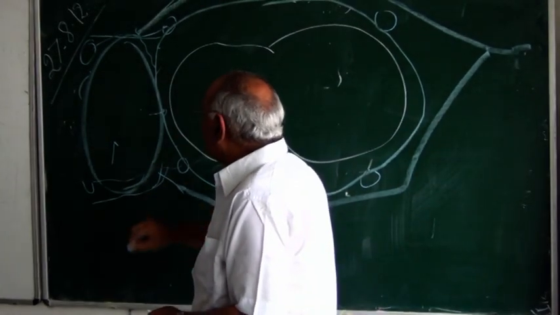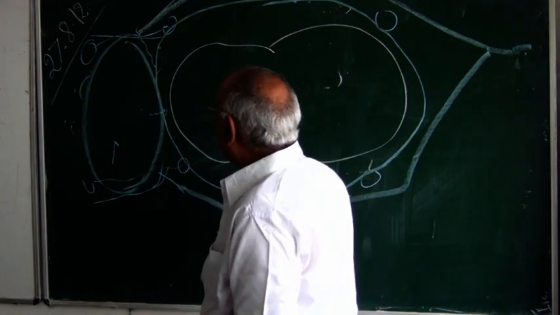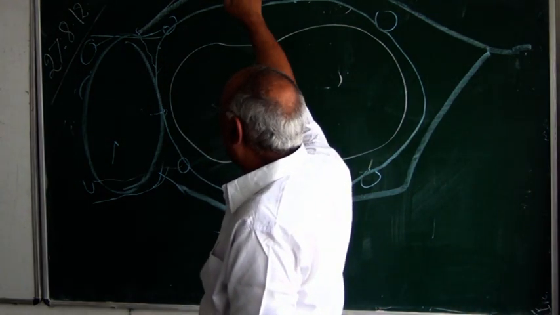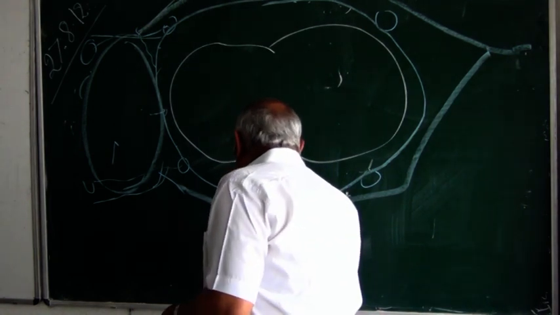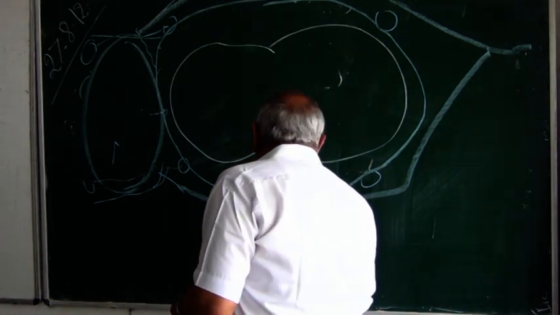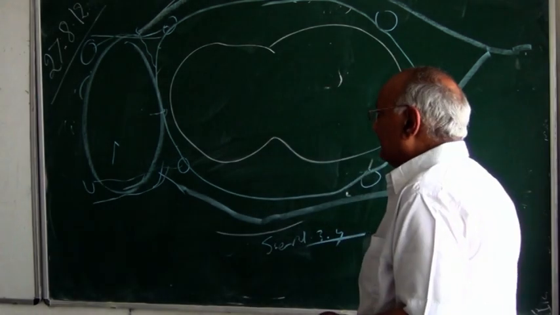This dura is called dura because it is a tough thing. Now the dura mater extends right from the foramen magnum to the sacral region, sacral 3 or 4. It goes up to that.